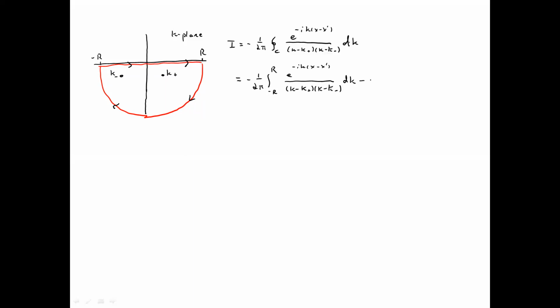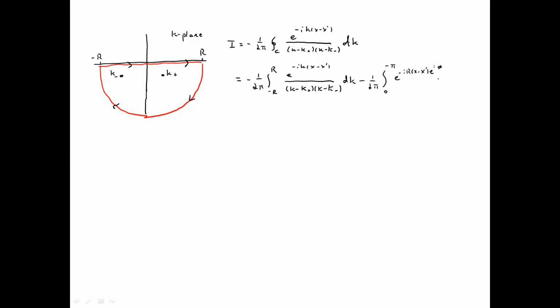And then we can actually parameterize this half circle path in the usual polar language for a complex variable. So we're going to have 1 over 2 pi, integral from 0 to minus pi of e to the minus i r (x minus x prime) e to the i phi, and that e to the i phi is sitting in the exponent. All I've done is I've taken k and I've written it as r e to the i phi because k is complex.